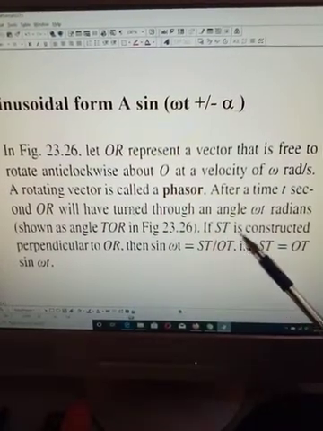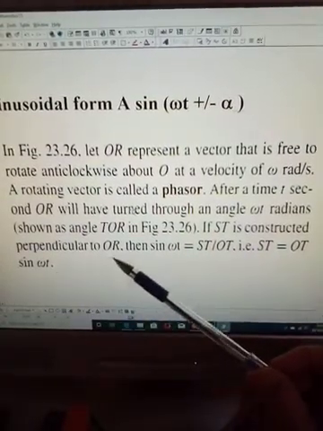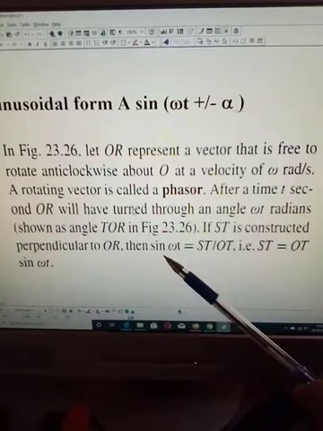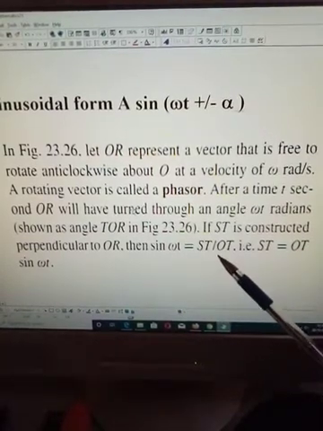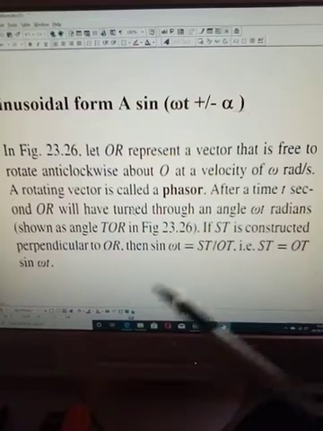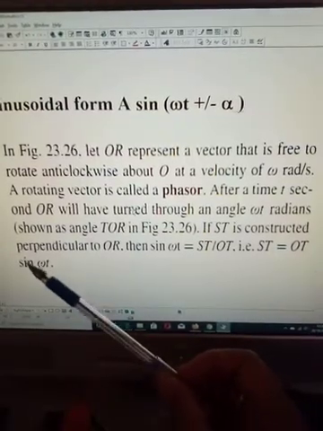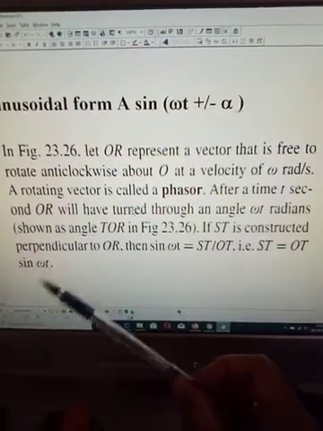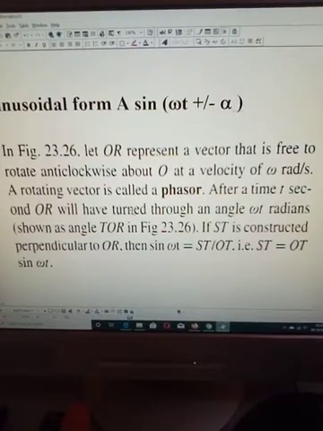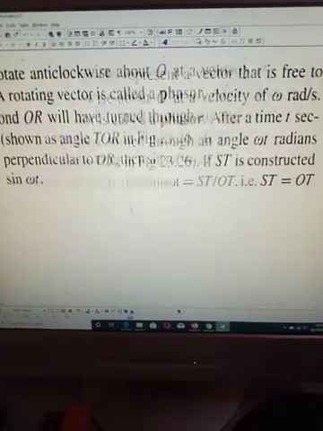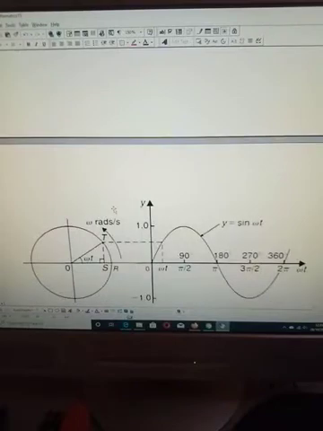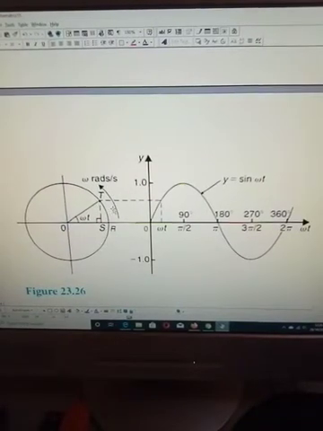If ST is constructed perpendicular to OR, then sine omega t equals ST over OT, i.e. ST equals OT sine omega t. Please note that is omega t. And this is what I'm talking about here.